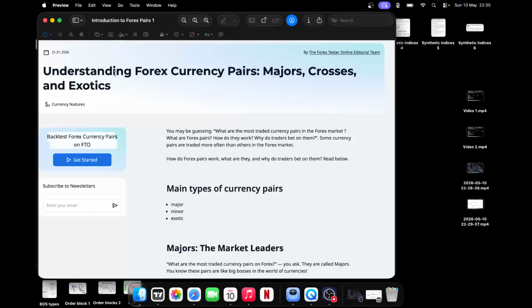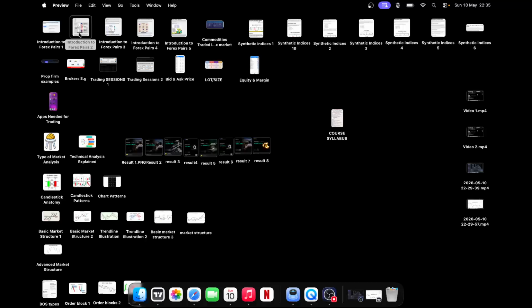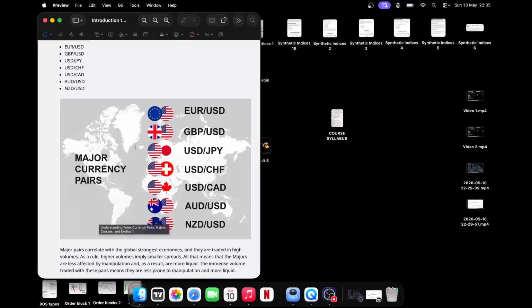So let us go into what these major currencies are. The major currencies of the world, the ones that you can trade in forex, are Euro USD, GBP USD. If you notice, there's USD in each of them. So that is major currency pairs. Any currency pair that you see with USD there means it is a major currency.